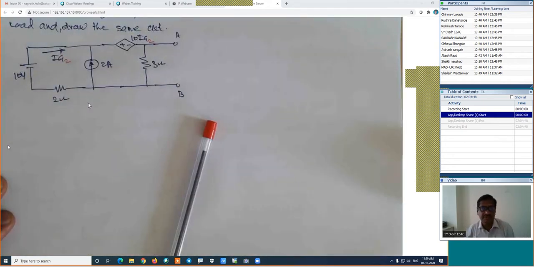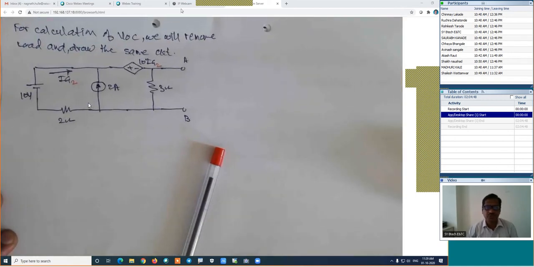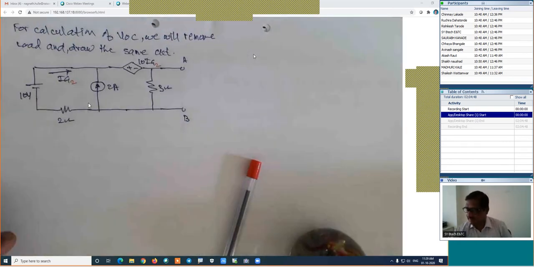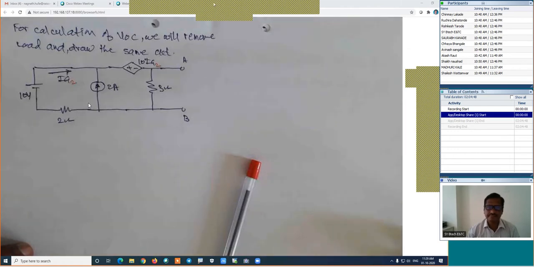Now we will work out on this calculation. Apply the KVL to the loop 1 and loop 2 and prepare its equations. Now here, I will assume the two separate currents.